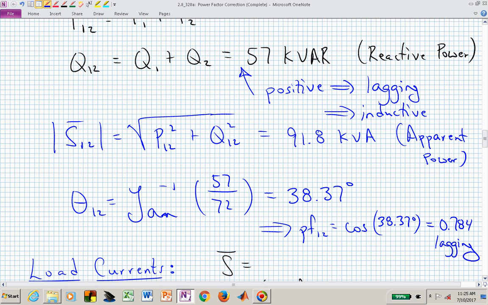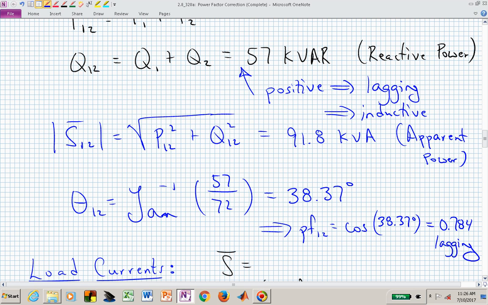Before we try to move that closer to 1 by introducing a capacitor, let's just look at the load currents and what they are, and then we'll find how that relates to the corrected current that's being demanded from the supply or the source.